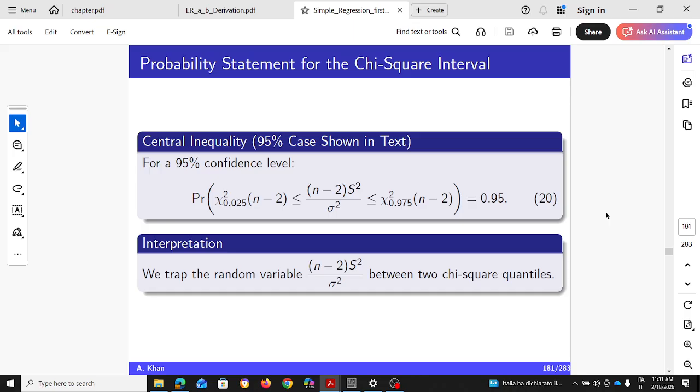Yeah, the same, just a kind of interpretation. If you add these two terms, 0.975 plus 0.025 equals 1. You could say minus 0.025 also to the other side.